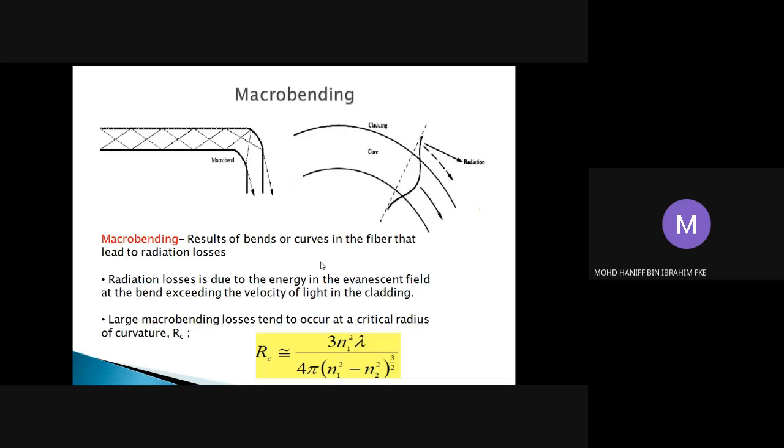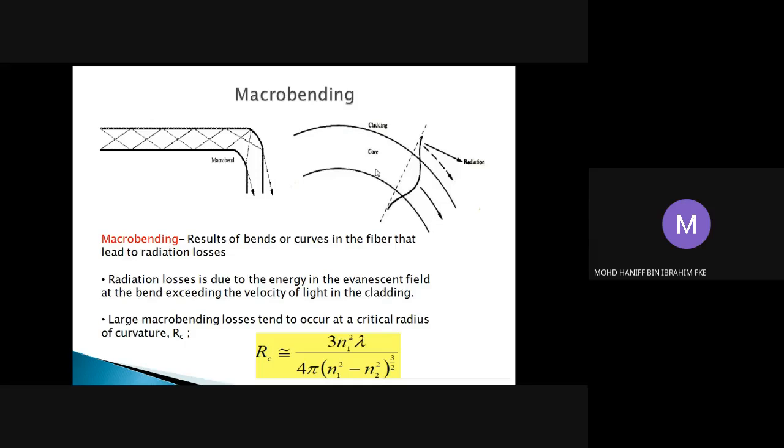So the best way to describe macrobending is the existence of radiation loss due to the conversion of guiding modes to radiation modes as the effect of this bending.